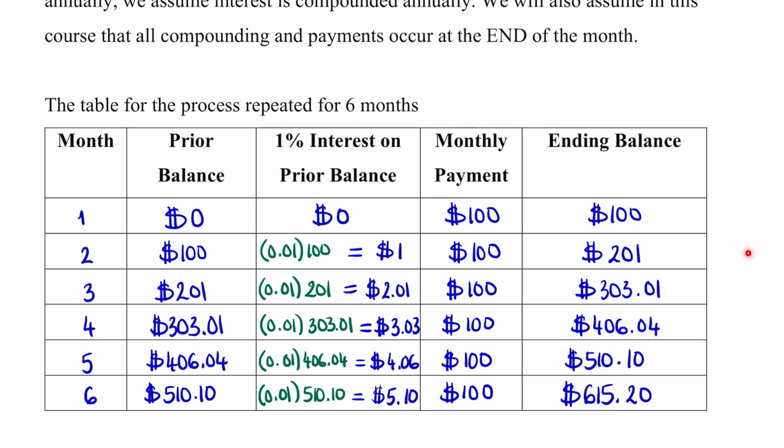This is the table for the first 6 months. But imagine if you have the account for 20 years or 30 years. We will not have a table for 20 years or 30 years. So we're going to come up with the annuity formula.